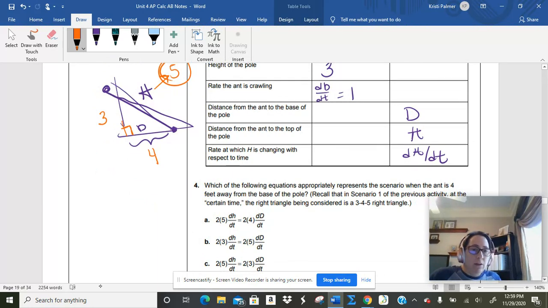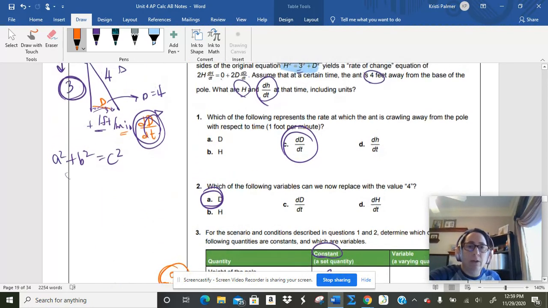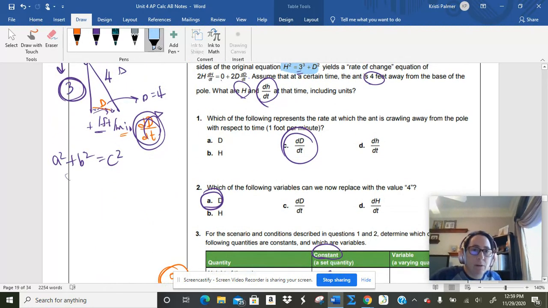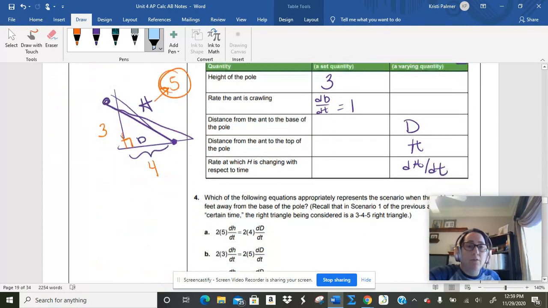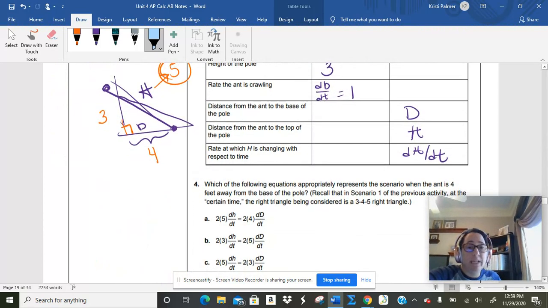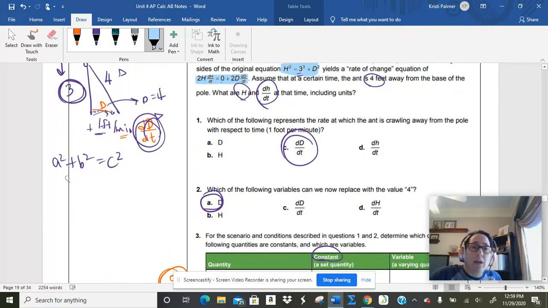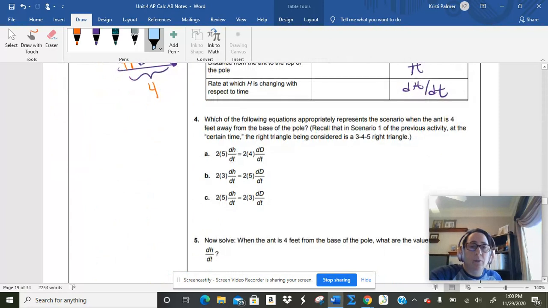So if I look at what they gave me from up here, 2h dh dt, now I'm going to do 2 times h is 5, and then I don't know dh dt, plus 2 times the d, and they told me the d is 4, and they also gave me the dd dt, so I can plug that in, but they didn't here. It would have been a 1. That is A.